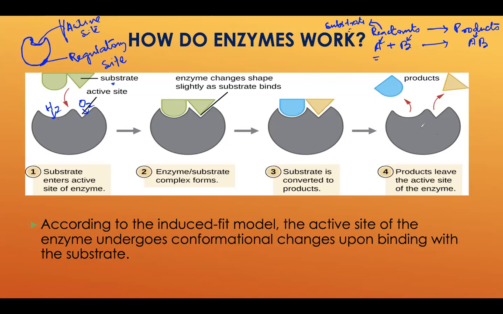It just brings all the reactants closer, and that's how it reduces the needed energy, the activation energy. Activation energy means how much energy we need to start the chemical reaction. So it reduces that energy, and that's how it saves time also. It speeds up the chemical reaction, but it does not take part in it. So that's how enzyme works.